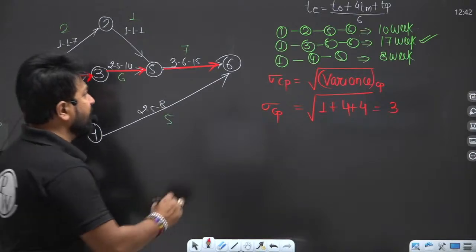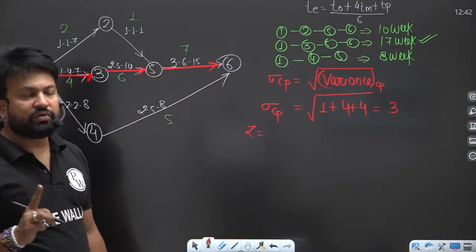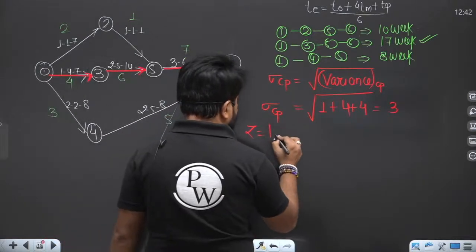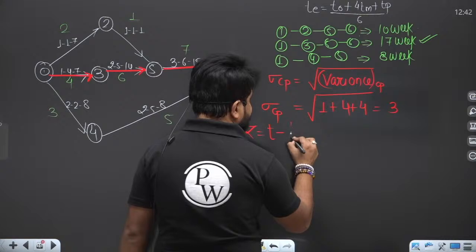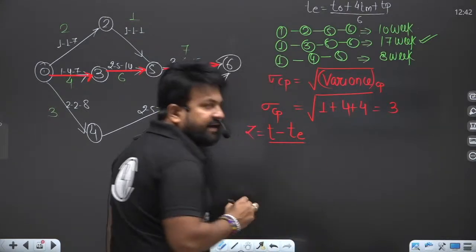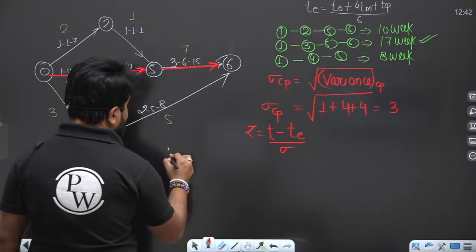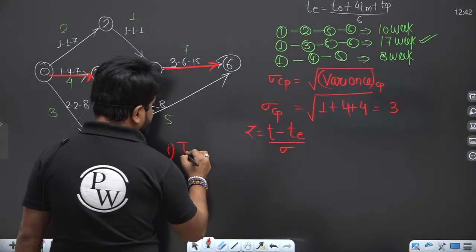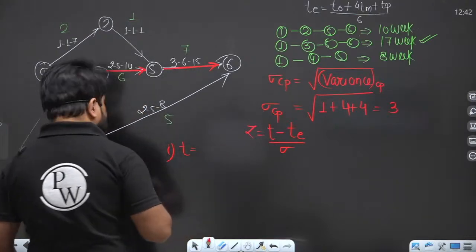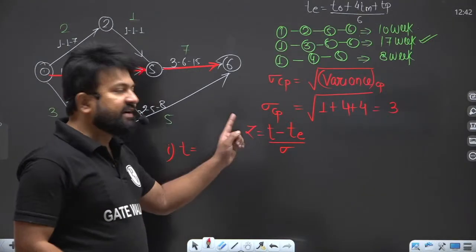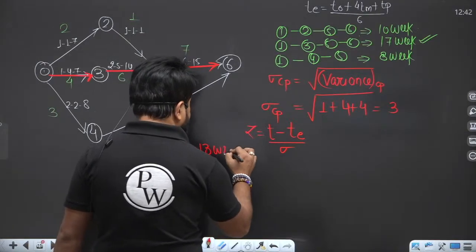Now you have to find the value of Z. We know that Z equals the desired time by which you want to complete the project minus the expected time, divided by the standard deviation. Now case 1: your T is 4 weeks earlier, that is 17 minus 4, which is 13 weeks.